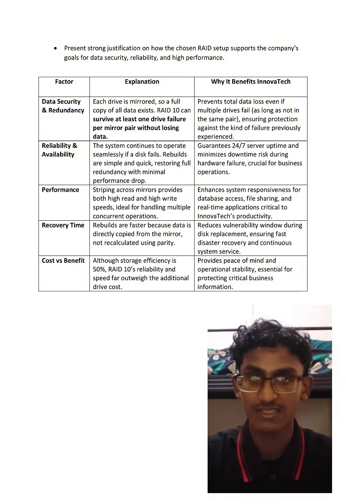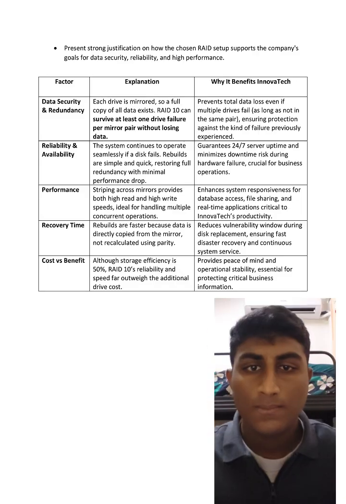And the next factor is performance. Striping across mirrors provides both high read and high write speeds, ideal for handling multiple concurrent operations. So the benefit for Innova Tech is enhanced system responsiveness for database access, file sharing, and real-time applications, critical to Innova Tech's productivity.